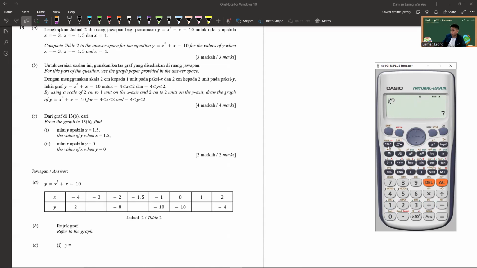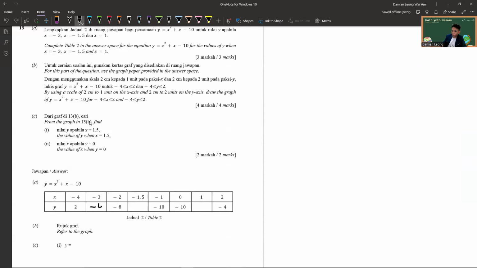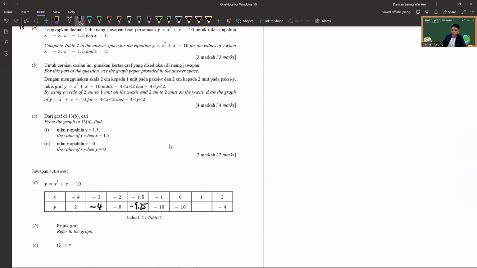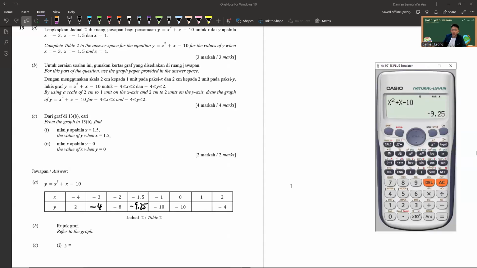Then press the calculate function and key in the first X value, -3 equals, I get -4. Press calculate again, key in the next X value, -1.5 equals, put decimals, you see, we get -9.25. Okay, then calculate again, X is 1, I get -8.